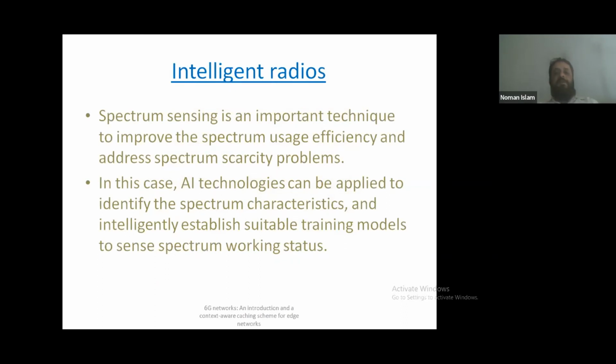Then another important concept in 6G network is intelligent radios, the cognitive radios. So you will have a number of spectrum available in your vicinity that is sometimes underused, that is not being used by the primary user.